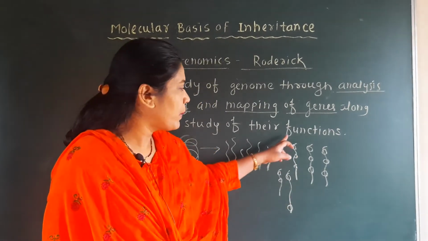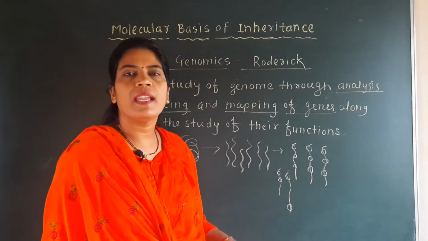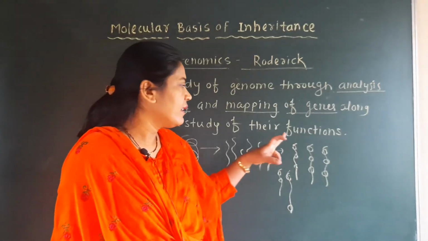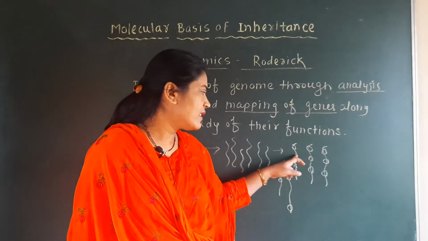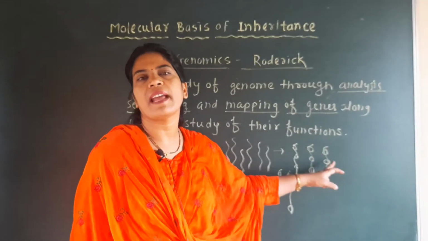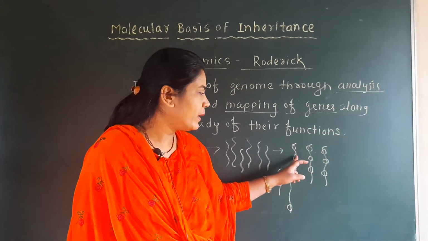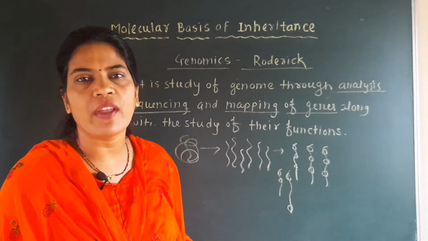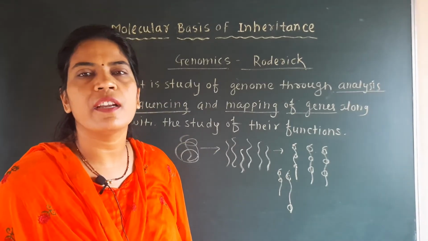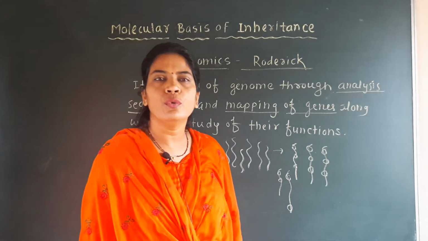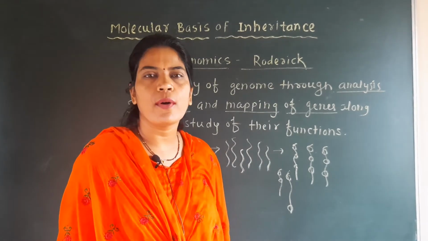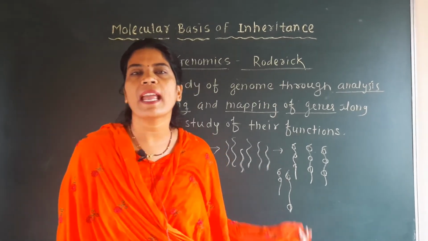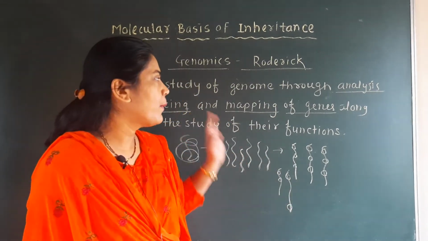That means suppose this fragment is taken here, they study very well that this gene is important for which function in the human being, the second gene's function, which function is carried out in the human being. So the study of each gene present on the DNA fragment can also be carried out in relation to their function, because you know that the genes have different functions in our body, and those different functions can be understood very well with the help of genomics.